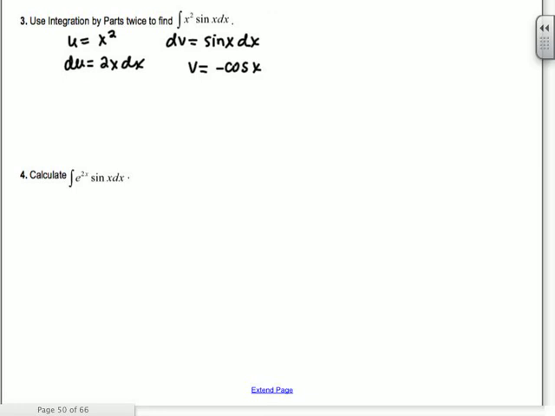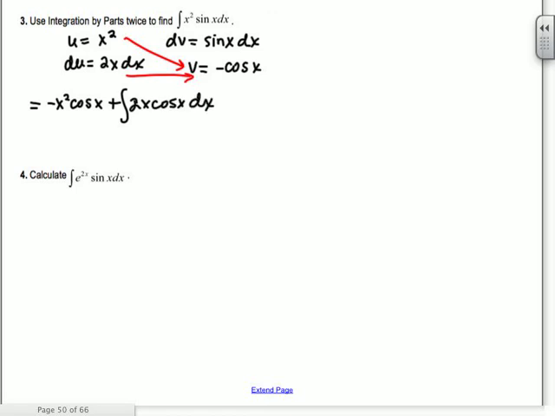Okay, so I get uv, so negative x squared cosine of x. So I'm always doing the downwards diagonal, then the bottom row. All right, minus, I have 2x times a negative, so plus the integral of 2x cosine of x dx.